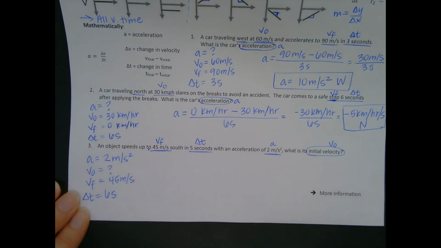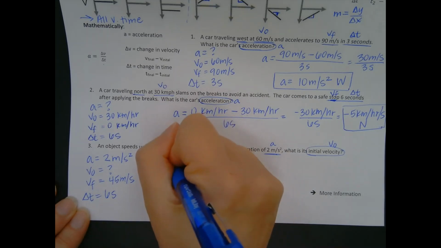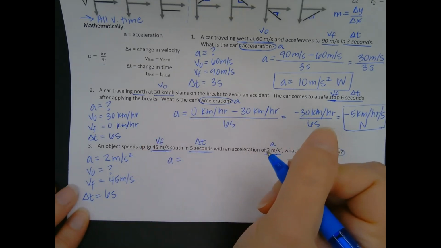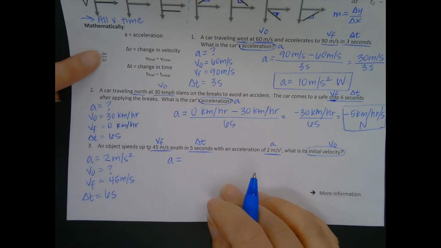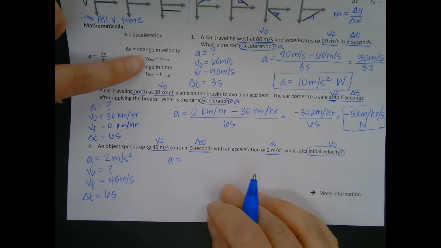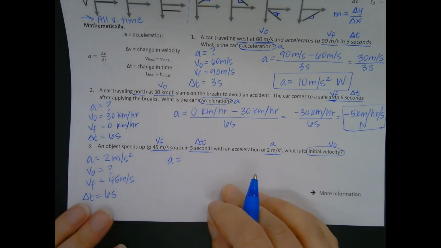Okay, there's a couple of ways that you can solve this. What I'm going to do is show you the equation, talk you through rearranging it all, and then we're going to plug it in so it's easy to find an answer at one time. Okay, so acceleration equals, looking at this equation up here, my delta v is your final velocity minus your initial.